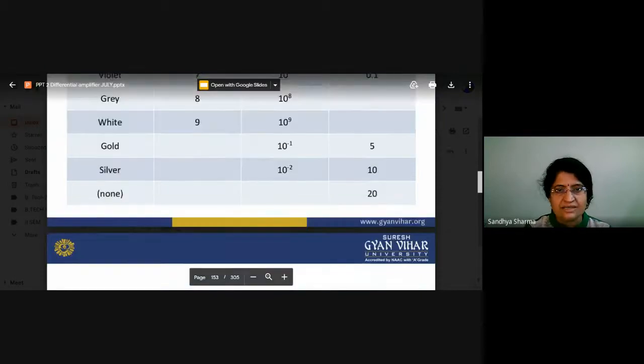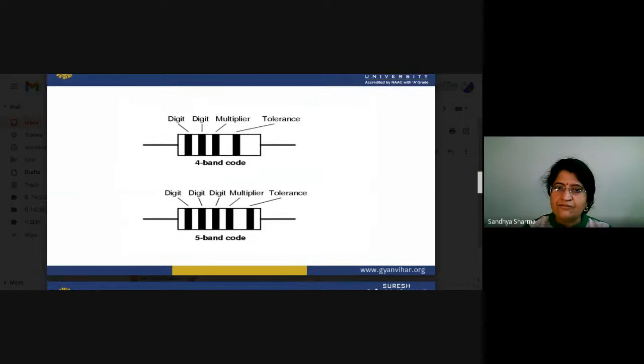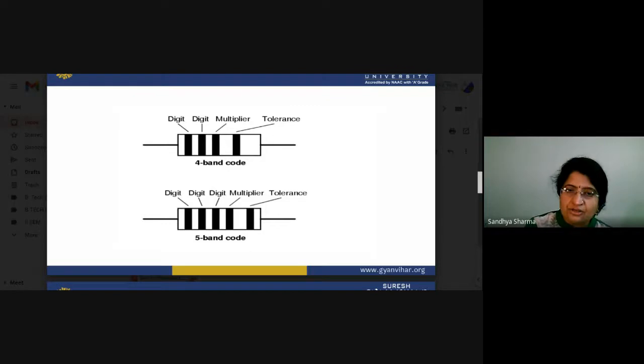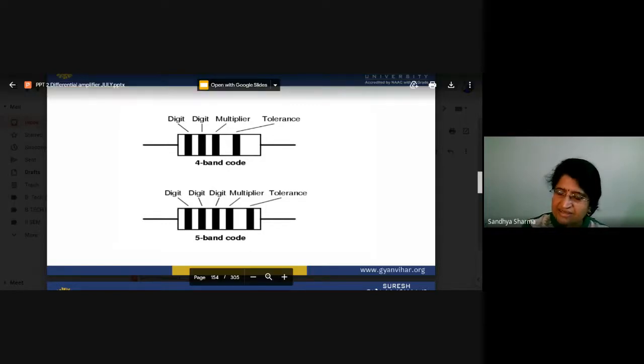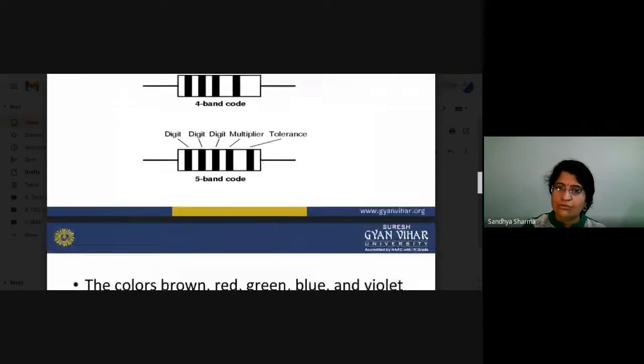Suppose we see the four band structure again: the first two strips indicate digits, after that the multiplier and the tolerance. If you are talking about the five band code, the first three strips are digits, the fourth strip color indicates the multiplier, and the fifth strip color indicates the tolerance. There are so many tolerances like gold and silver.